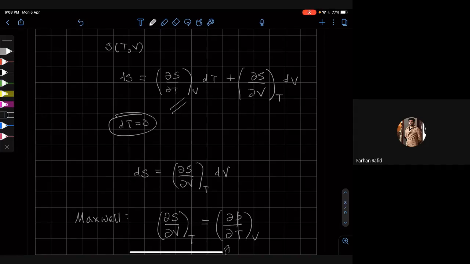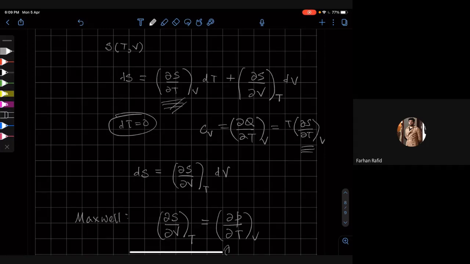So remember that CV is dq by dT, where V remains constant, right? So then dq is T times ds. Okay, so ds by dT is exactly what we have here.